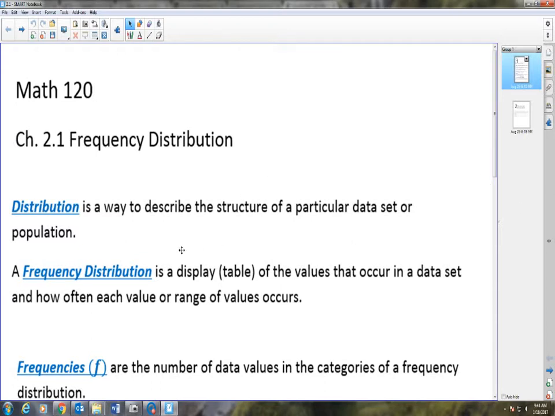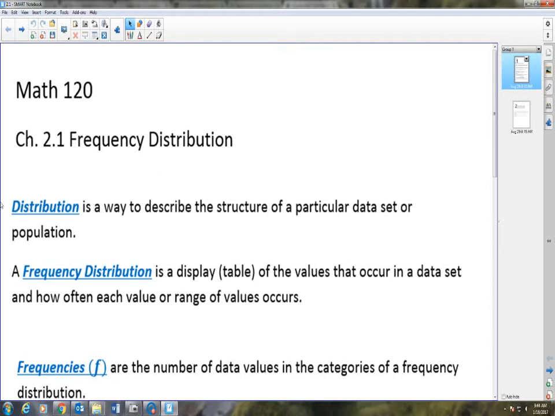The word distribution is a way to describe the structure of a particular data set or a population. Sometimes when I use the word distribution, I'm also referring to your table as well.